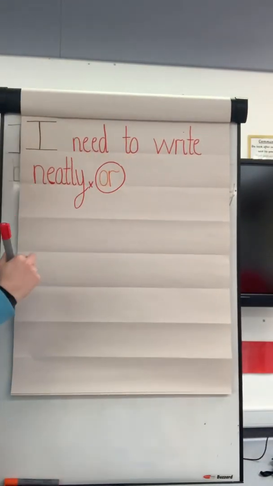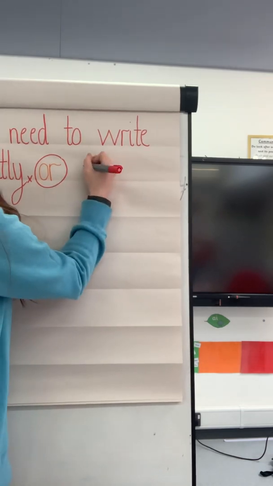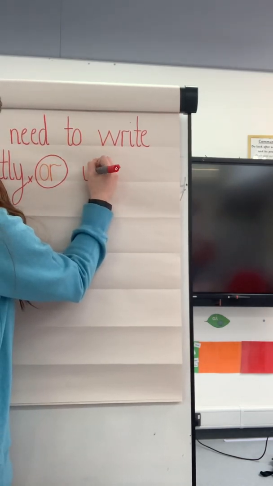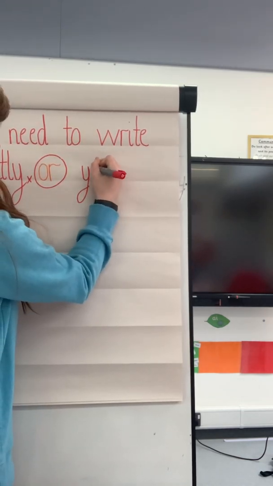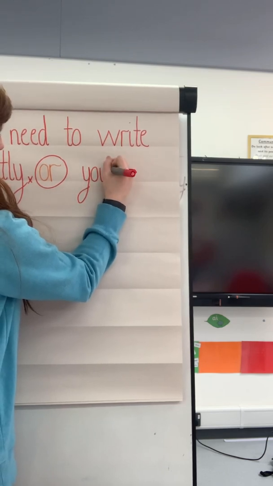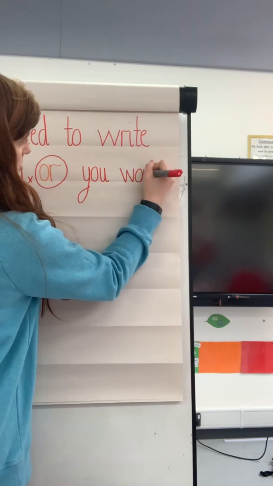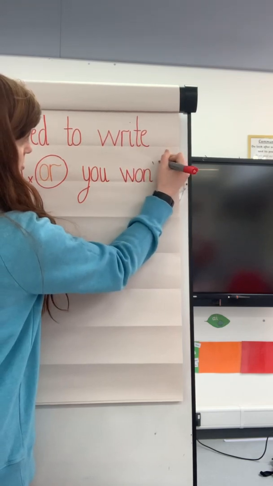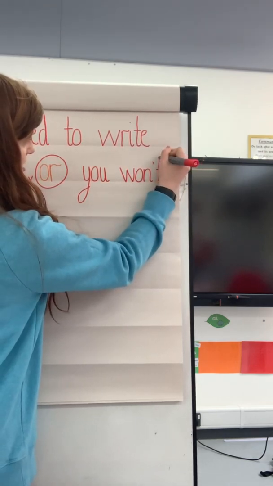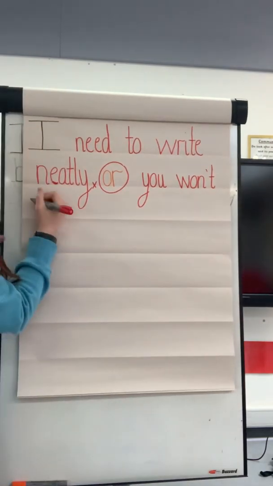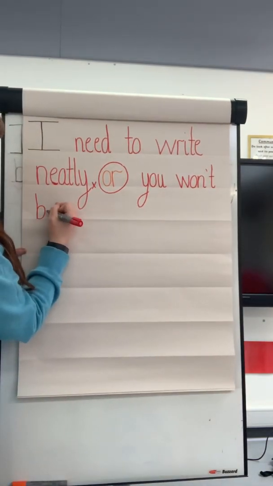So I need to write neatly or I'm going to put you won't, so I'm going to use the contraction won't. Make that T a little bit bigger. Or you won't be.